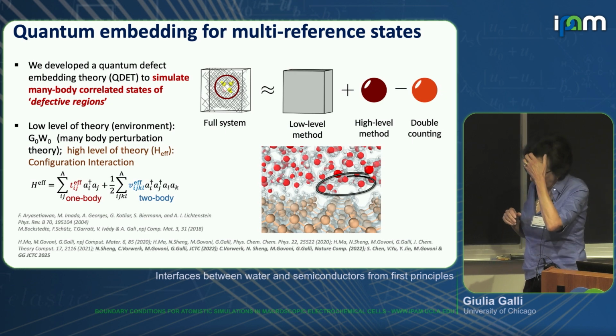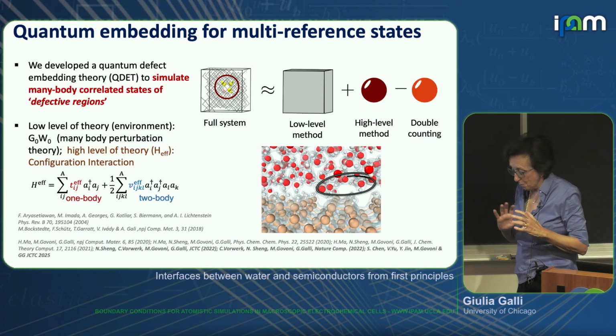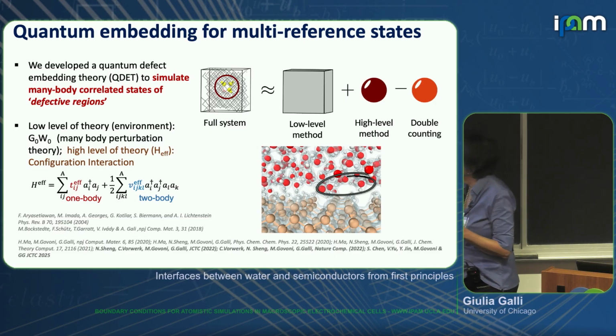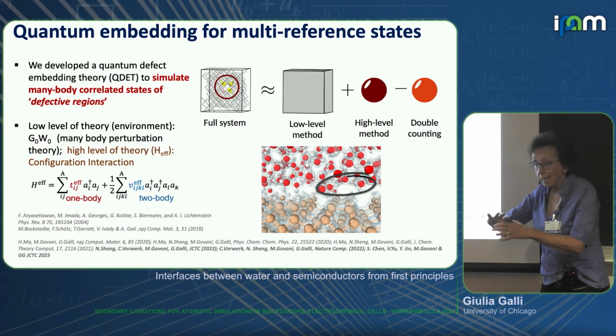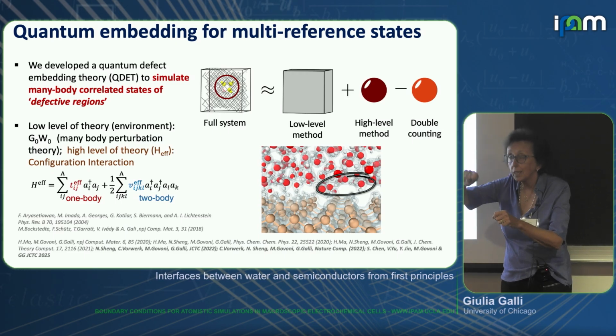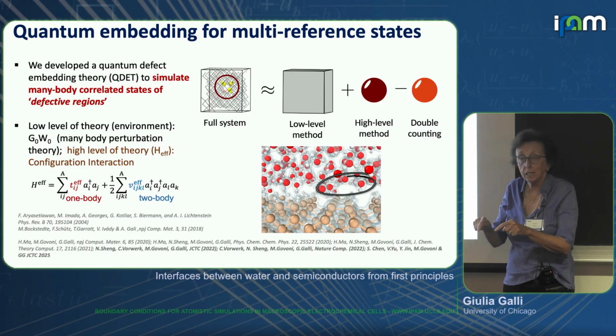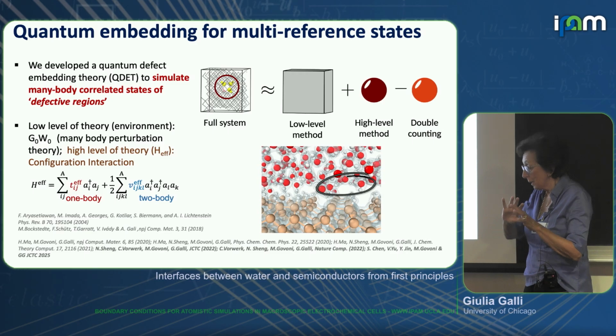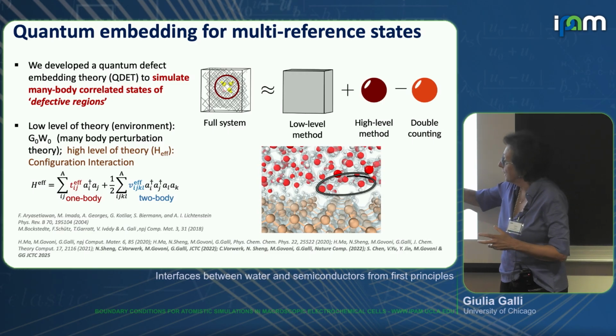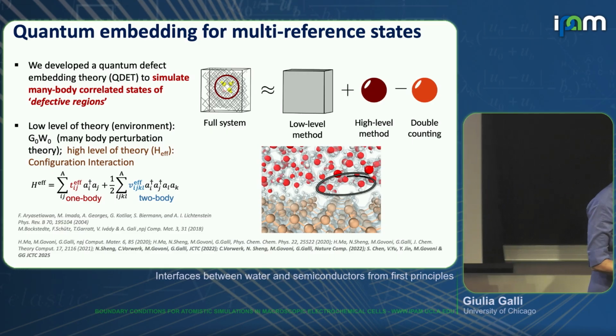For an interface, we have done many attempts, but this is more difficult, meaning that you have to identify your region where the states are localized and during the chemical reaction remain localized, which in several instances doesn't happen because states localize, delocalize, and relocalize, while in a defect in a semiconductor it's easier.